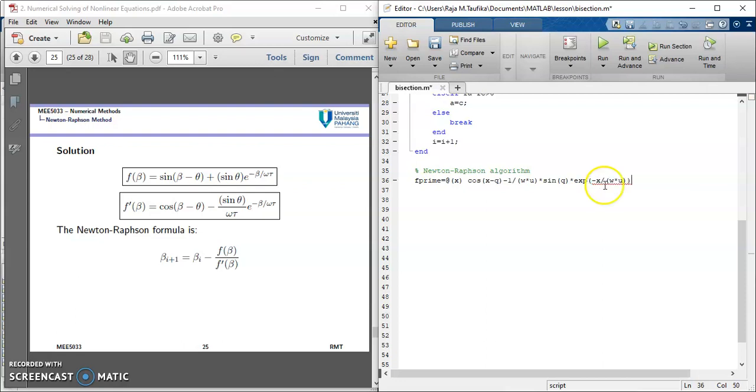Don't forget these brackets. Be careful with every single line. So now we already defined the function f prime.